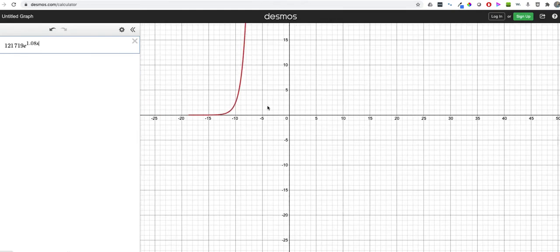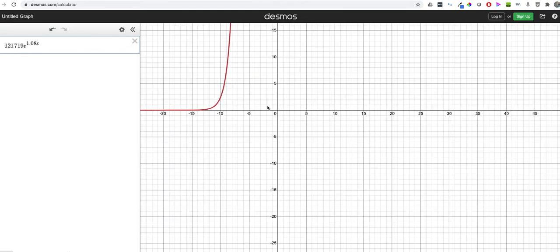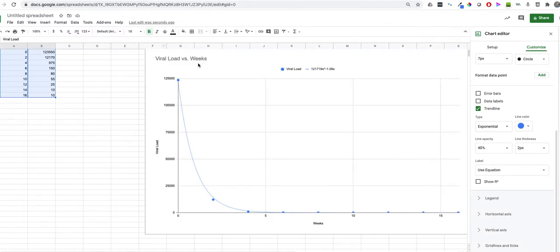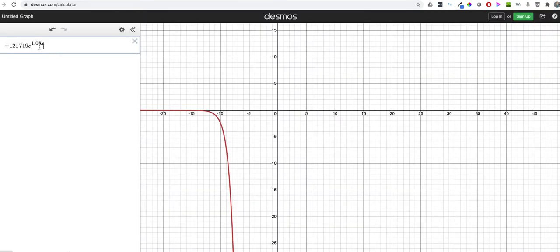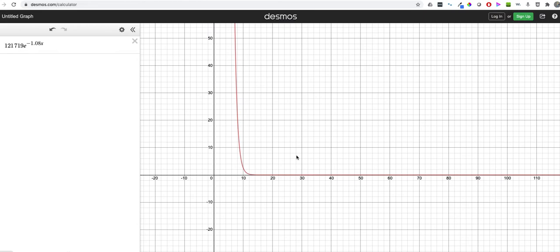Okay. And I think that must have been negative. No. This was negative. Hold on. What's going on? This was negative. There we go. Okay. So now we have that in Desmos.